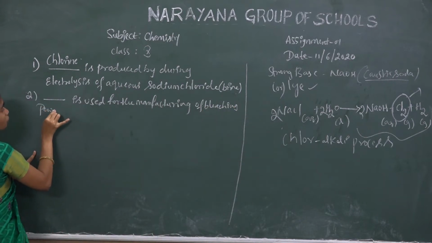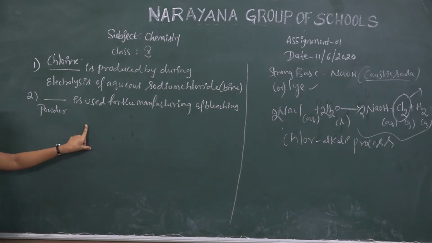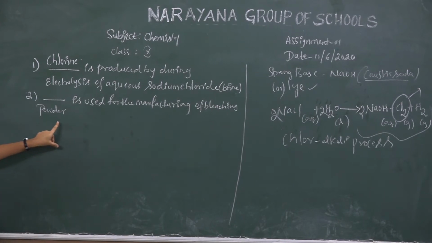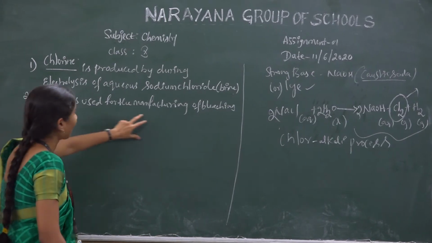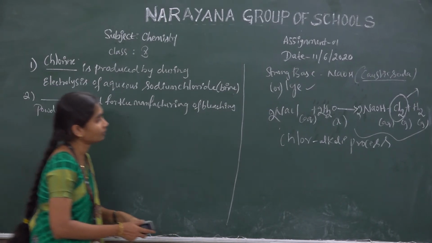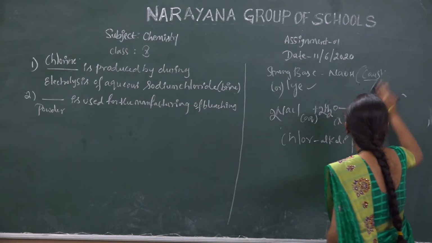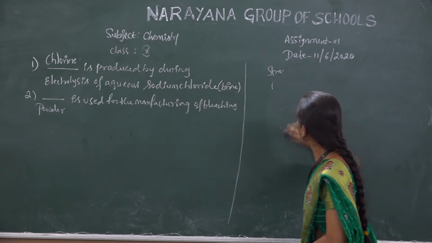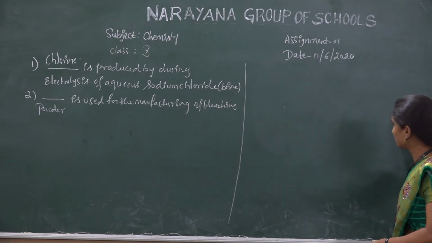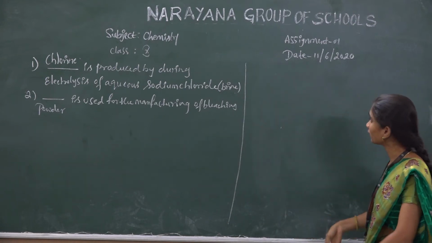Let us see further. In this chlor-alkali process, what is deposited at the anode? Chlorine, right?